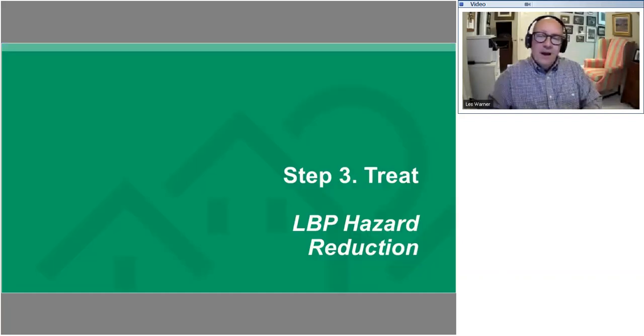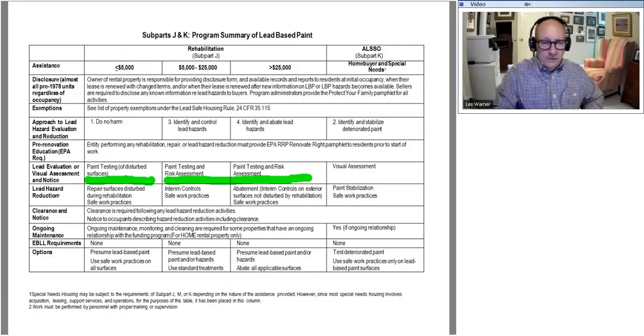All right, so that was talking about the required level of evaluation. And this goes back again to our summary chart. Now we're going to switch gears and move from talking about the level of evaluation to the level of treatment that we're going to be doing.